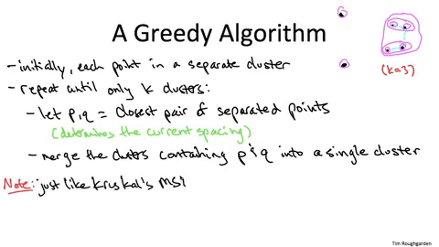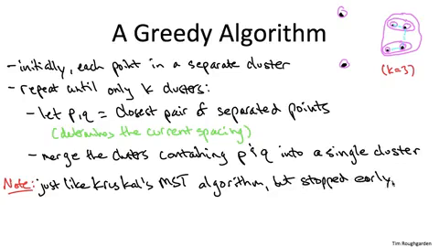Indeed, we can think of this greedy clustering algorithm as being exactly the same as Kruskal's minimum cost spanning tree algorithm, except aborted early, stopped when there are k components remaining, that is, before the final k-1 edge additions. So just to make sure the correspondence is clear, what is the graph, what are the edges, what are the edge costs?